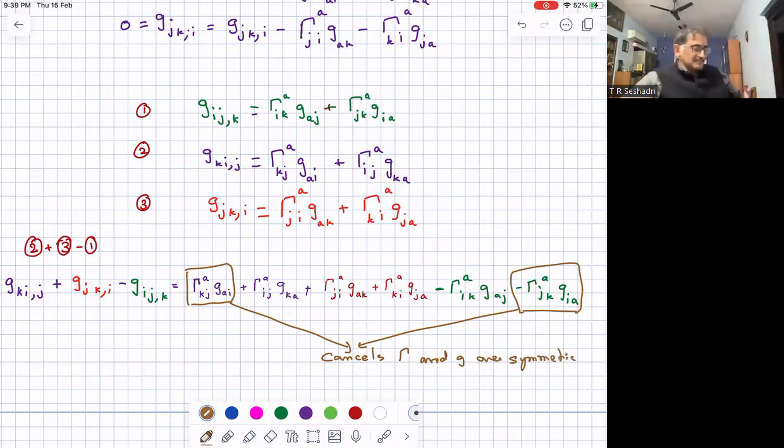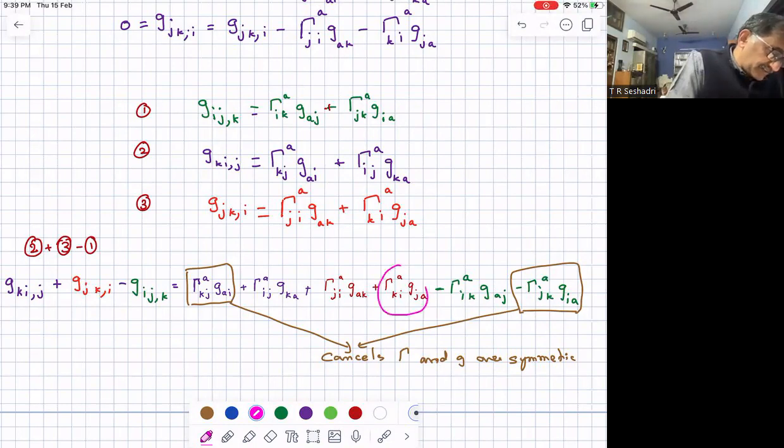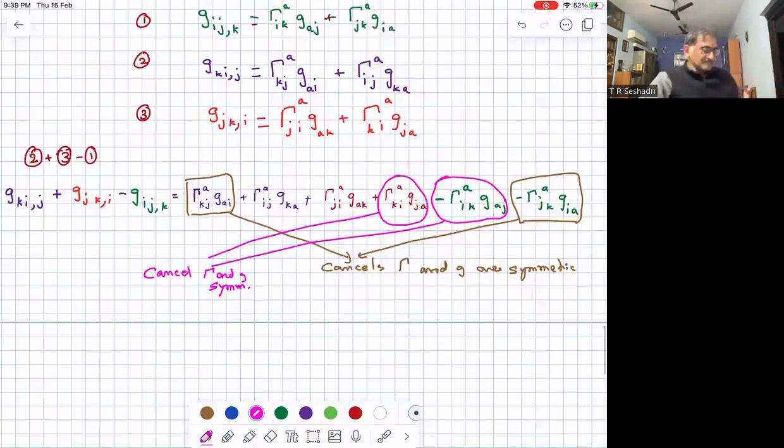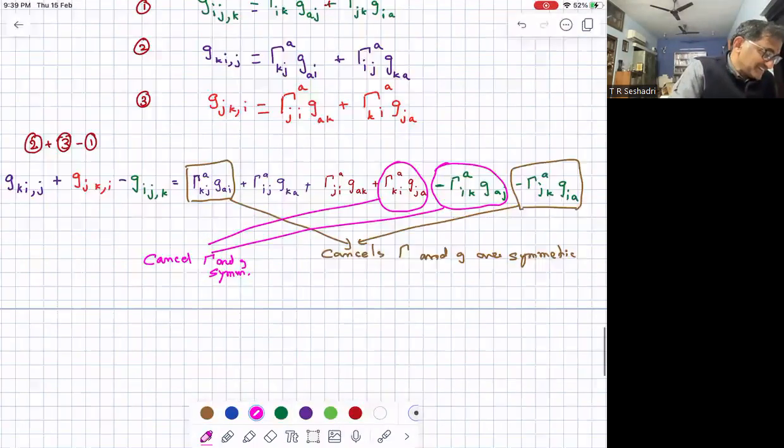Right? Similarly, this quantity and this quantity will cancel. Again, gamma and G symmetric. Okay?